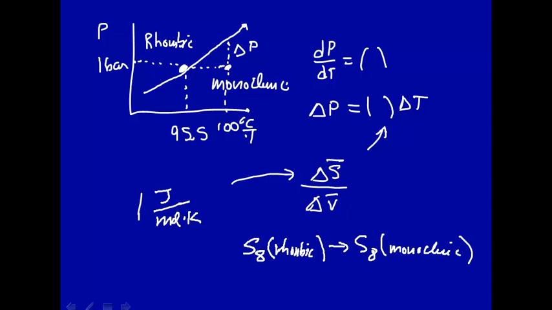So this refers to the partial molar entropy change, and this refers to the partial molar volume change. If we can figure out the partial molar volume of both phases, we take the final phase, subtract off the initial one, and that will give us the partial molar volume change.